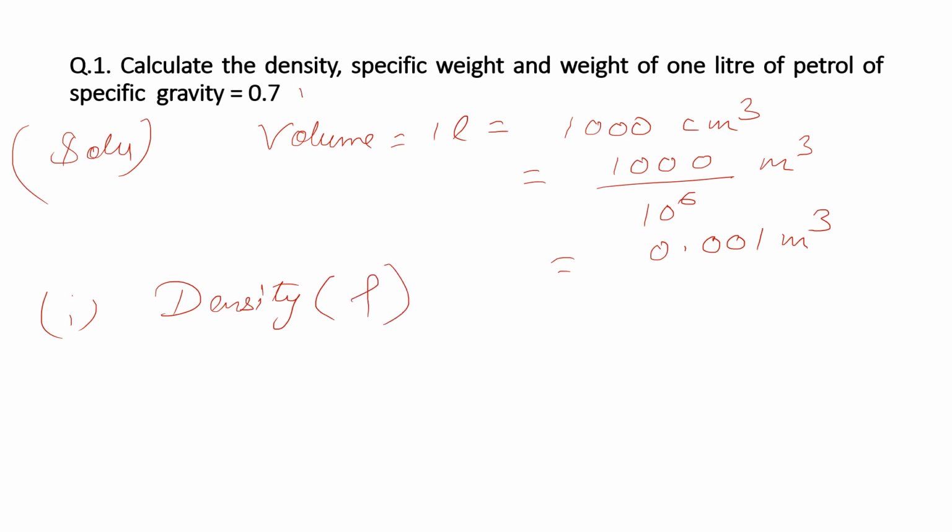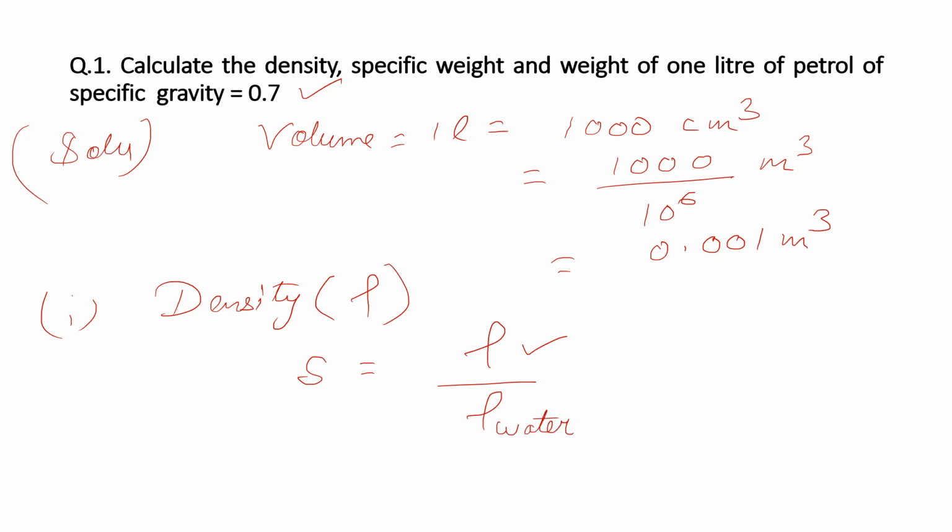Now according to the question we need to find density. We have been given specific gravity, so we will use the formula of specific gravity. Specific gravity is defined as density of fluid to density of standard fluid. Here the fluid is petrol, and the standard fluid in case of liquids we take water.